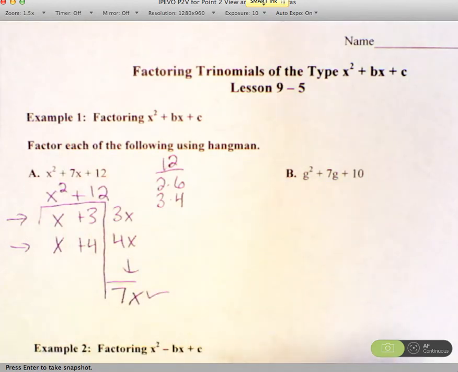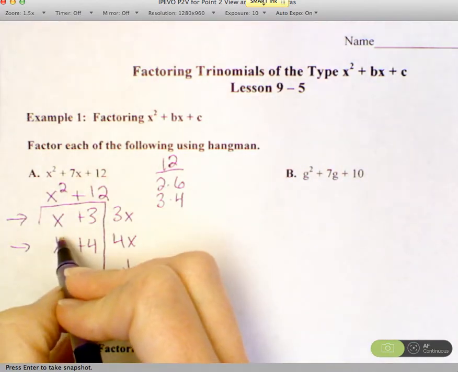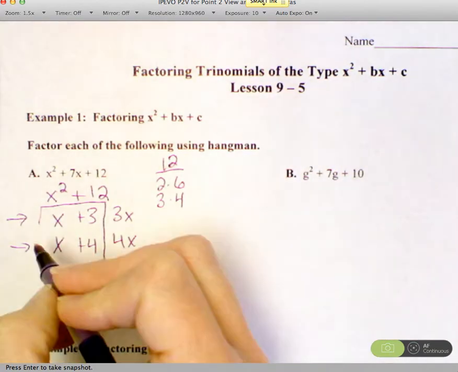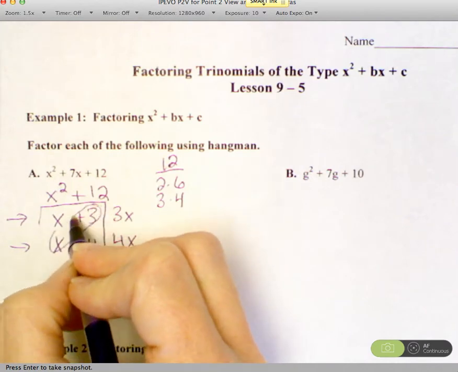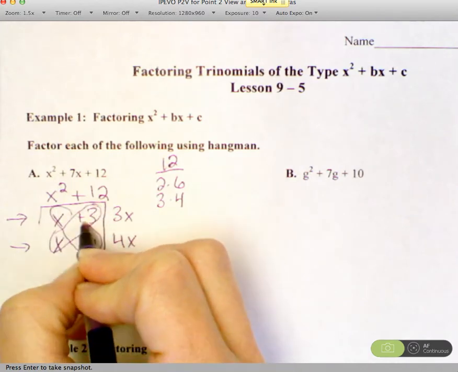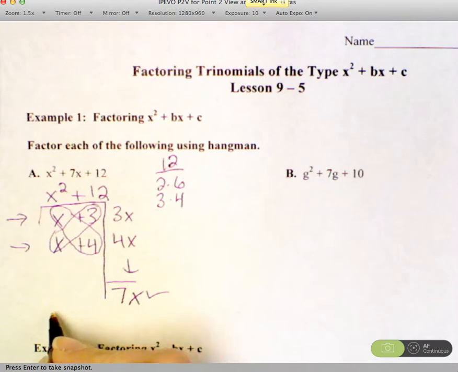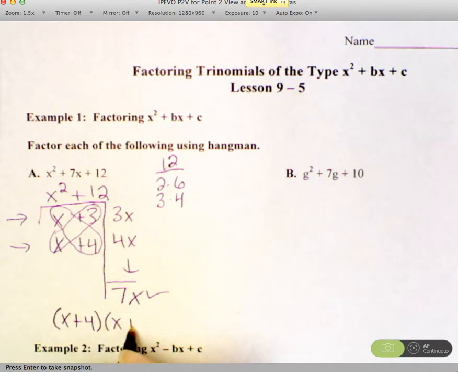So the way we get the factors of this trinomial is we circle. Once we get this checked and we know it's right, we circle diagonally. x plus 3 is a factor, and x plus 4 is a factor. Here's how you write your answer: x plus 4, and then x plus 3.